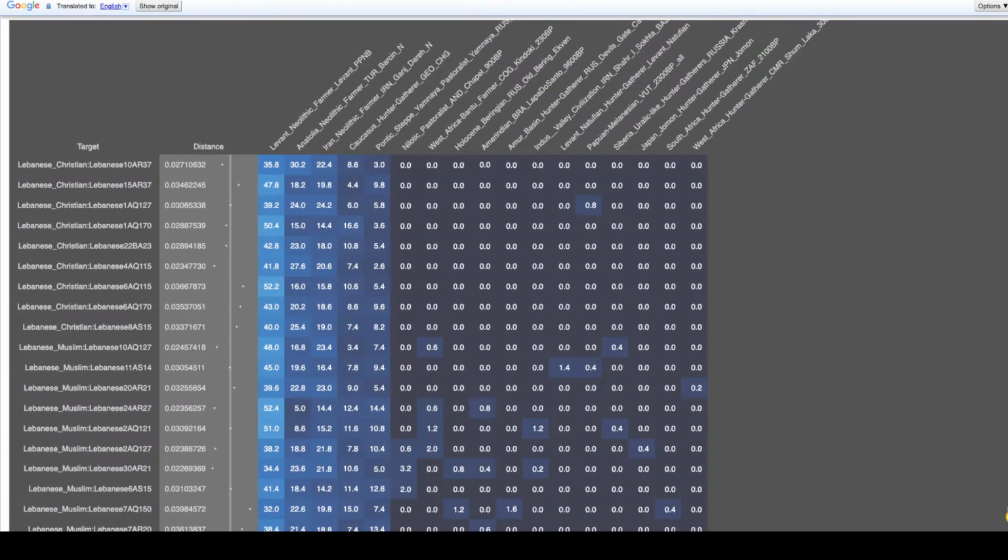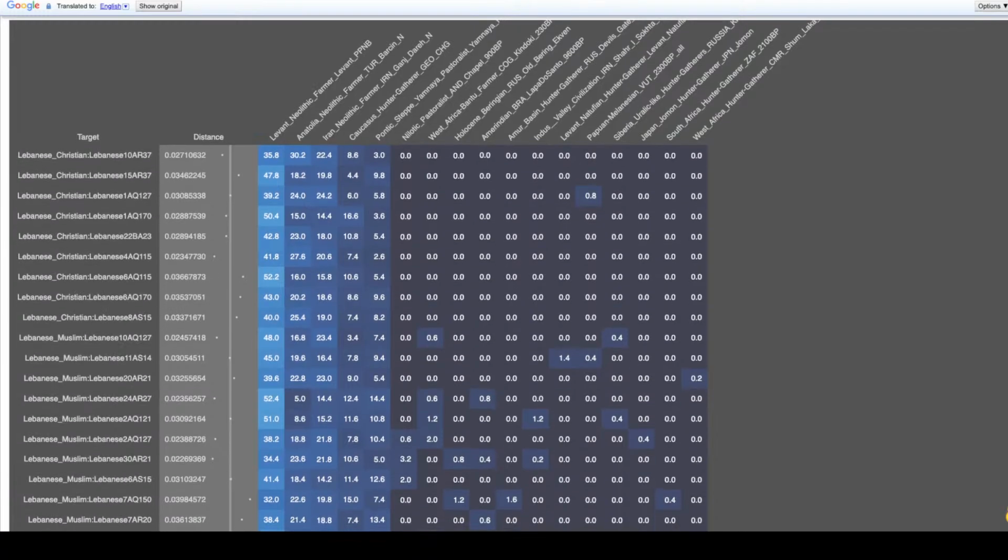What I see that's interesting to me is that it seems the Christians tend to have a higher percentage of the Levant pre-pottery Neolithic B, but that's not always the case, as these two samples have a higher percentage. But when I look at ADMIXTOOLS 2, which we're getting to in a second, I see that the Christians tend to have more Levantine.